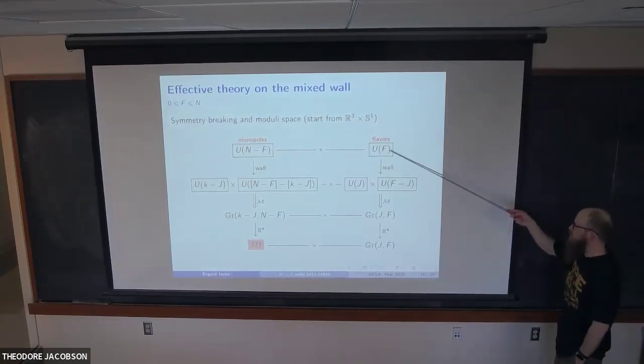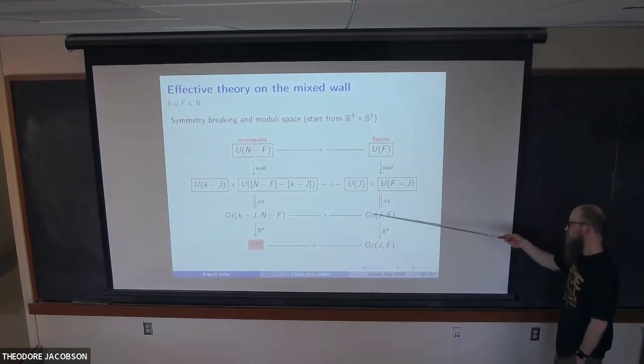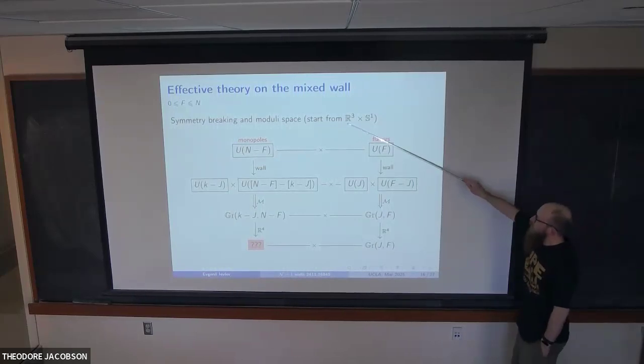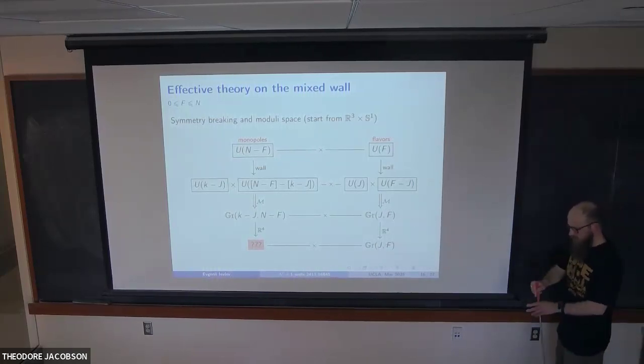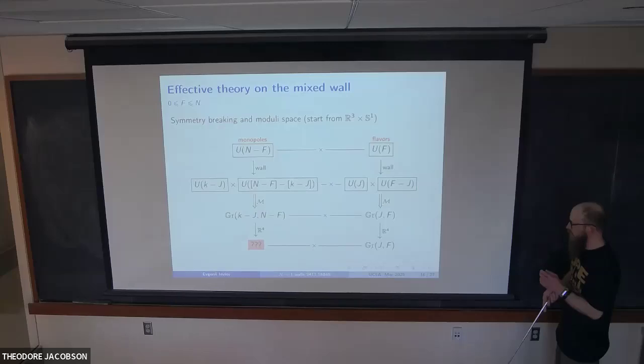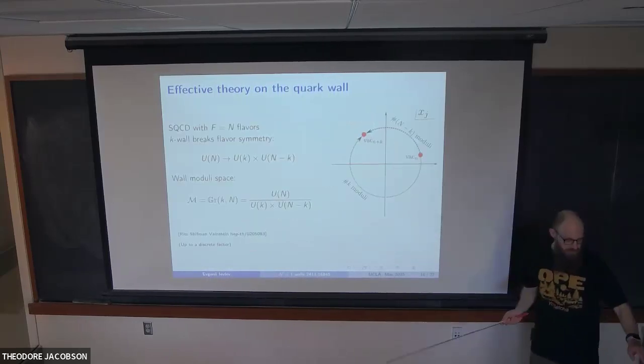So each wall breaks the flavor symmetry down to this product, and the quotient gives you the domain wall theory when the bulk is R3 cross S1. If you then decompactify and go to R4, the domain wall theory becomes three-dimensional, but nothing severe happens to this sigma model. This is a Grassmannian sigma model, which is this quotient.